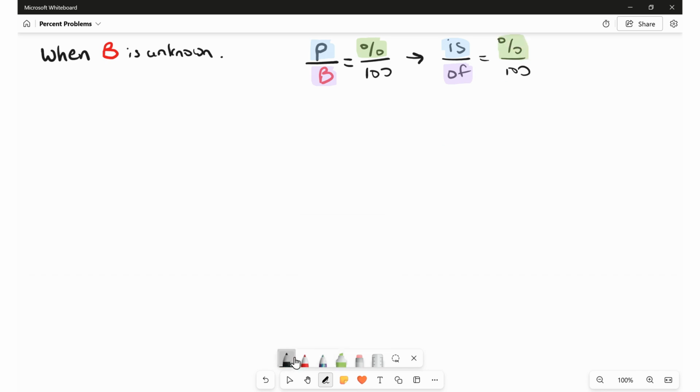So how are some ways that this might be written? Well, we could see this written as 8.7 is 30% of what number?